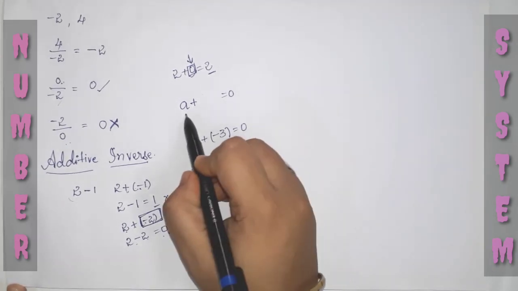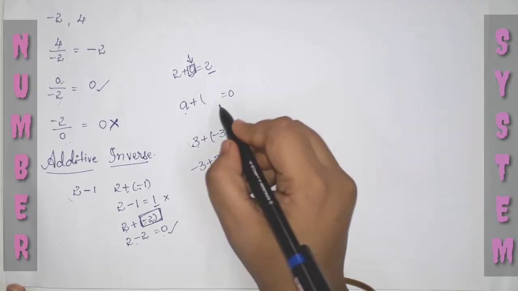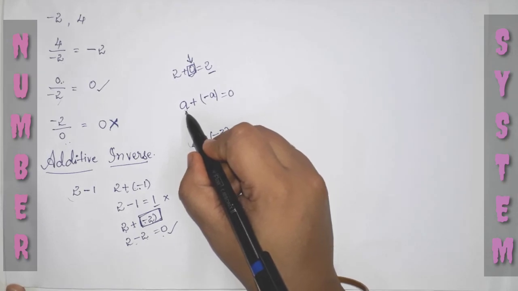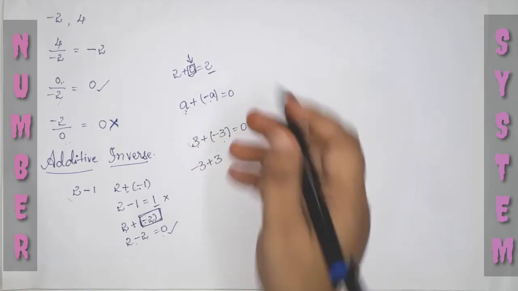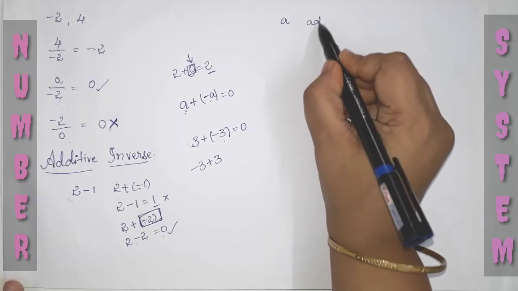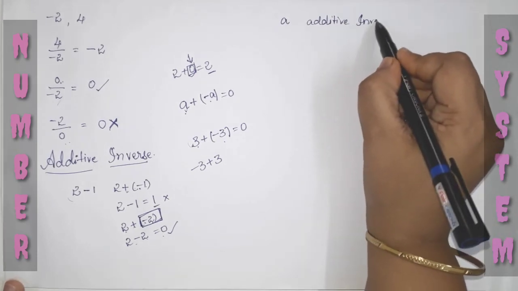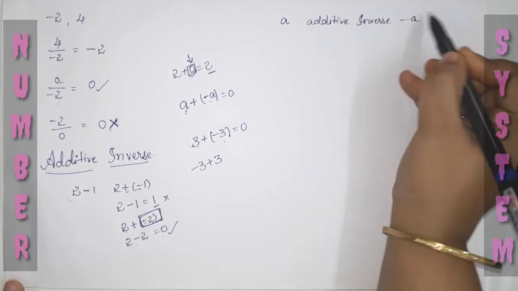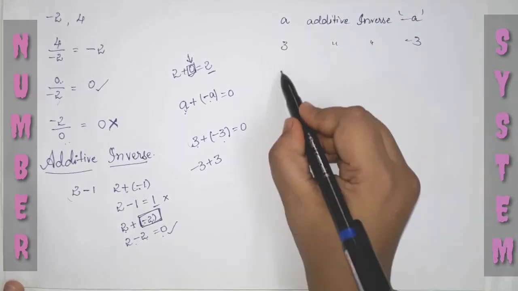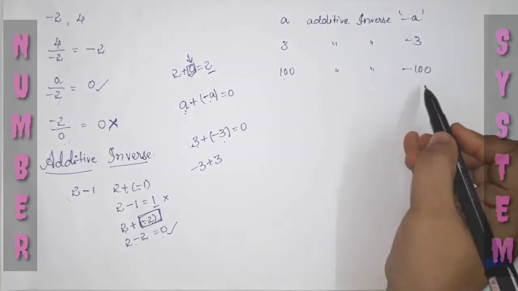Here I took A. For A, the additive inverse is minus A. For 3, minus 3. For 100, minus 100. Here plus, there you write minus.